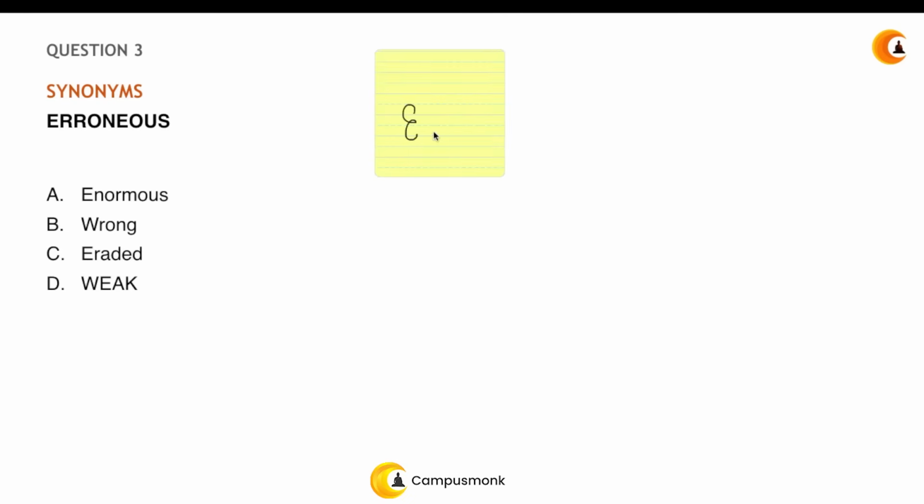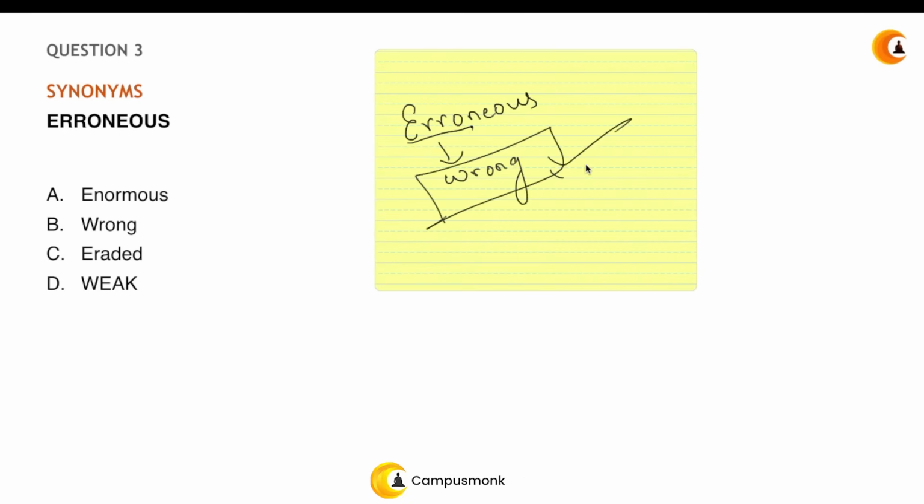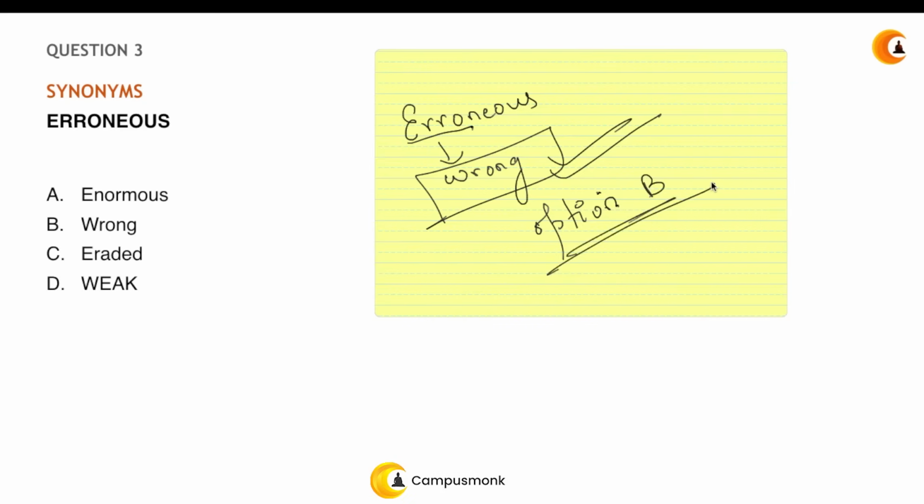Alright. You know how I remember this word erroneous? The word itself has a word error in it, which means wrong, right? And that is the meaning of the word. So erroneous means wrong, and your answer is option B. That is wrong.